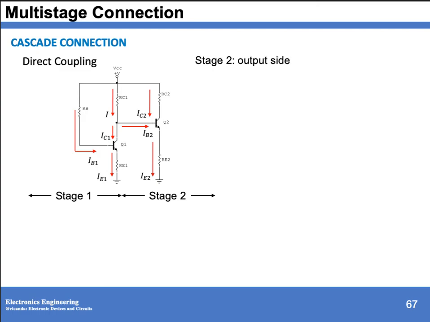Stage 2 output side, so we have VCC minus RC2 IC2 minus VCE2 minus RE2 IE2 equals 0.